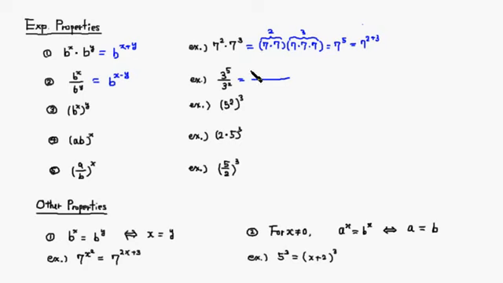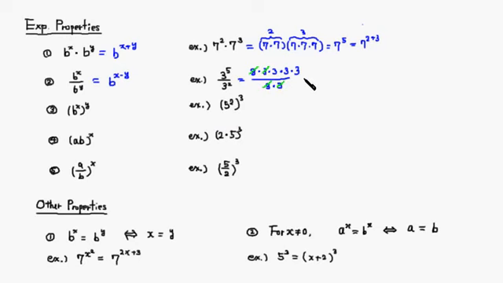That's the same thing as 3 times 3 times 3 times 3 times 3. So you have 5 3's on top, and on the bottom you have 2 3's, so you have a 3 times 3. What we can do is simplify by canceling common factors. So you have a 3 here that cancels with a 3 on the bottom, and you have another set of 3's, so you can cancel those.